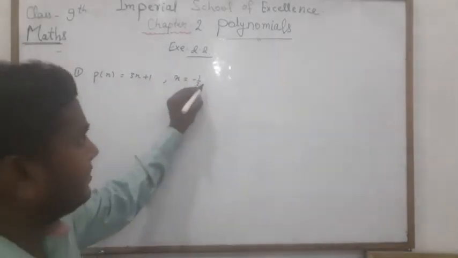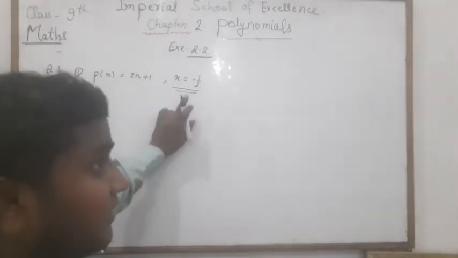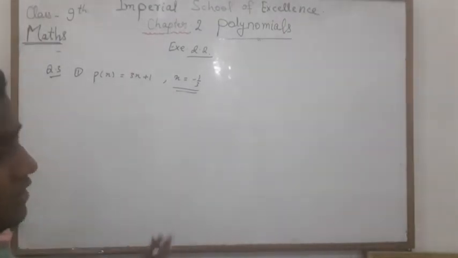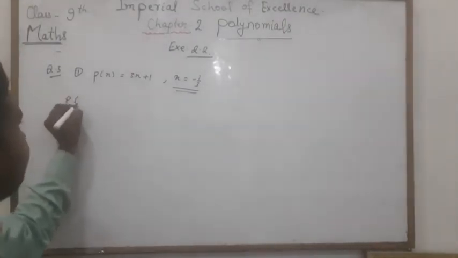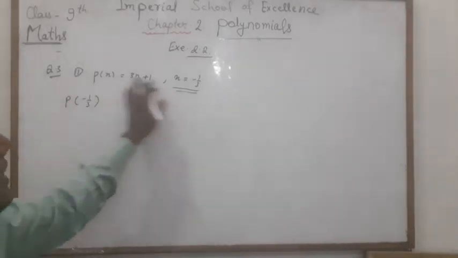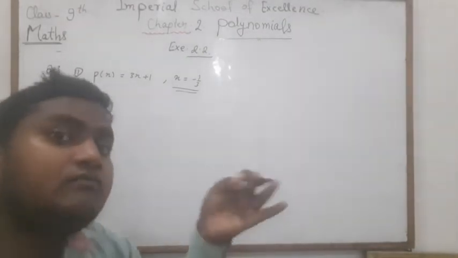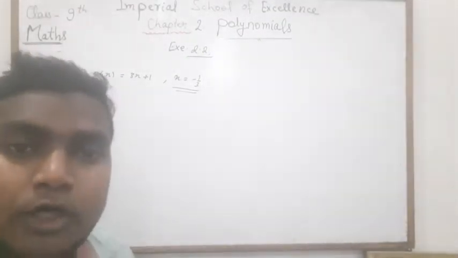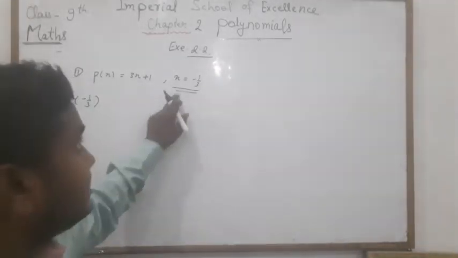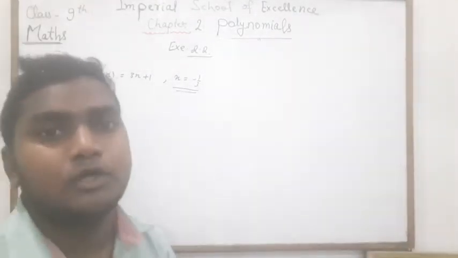If this is a point, we will find the value of this polynomial at this point. Okay, means we will find p of minus 1 by 3. Means x की value क्या रखेंगे minus 1 by 3 हर जगह रख देंगे. And if the value of polynomial will become 0, then this is the zero of this polynomial. Otherwise it is not a zero of polynomial.